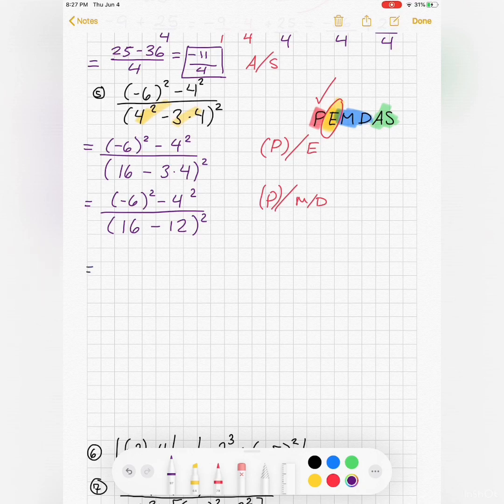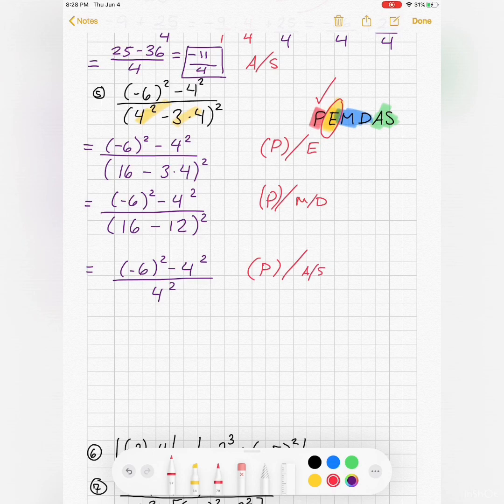Okay, still in that parentheses in the denominator. Now I can do the subtraction. So now I'm inside the parentheses. What did I do? I did the addition subtraction.